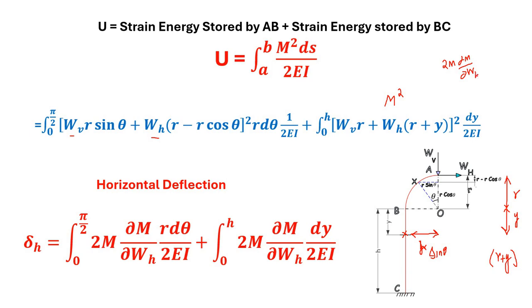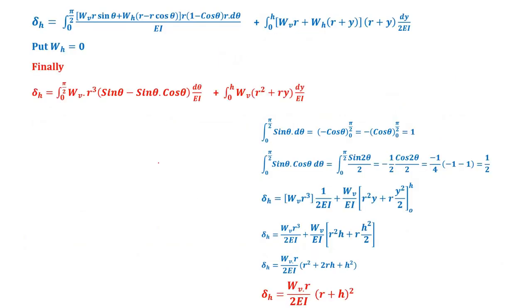Note that you are differentiating with respect to WH. So using this expression, we are going to estimate the deflection, which is the horizontal deflection. Now you can see that after differentiation we will apply WH equal to 0.